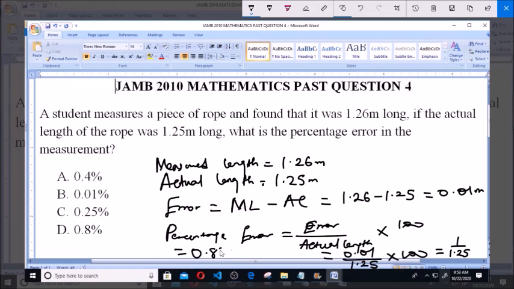So the percentage error is 0.8%, and that is option D, 0.8%.